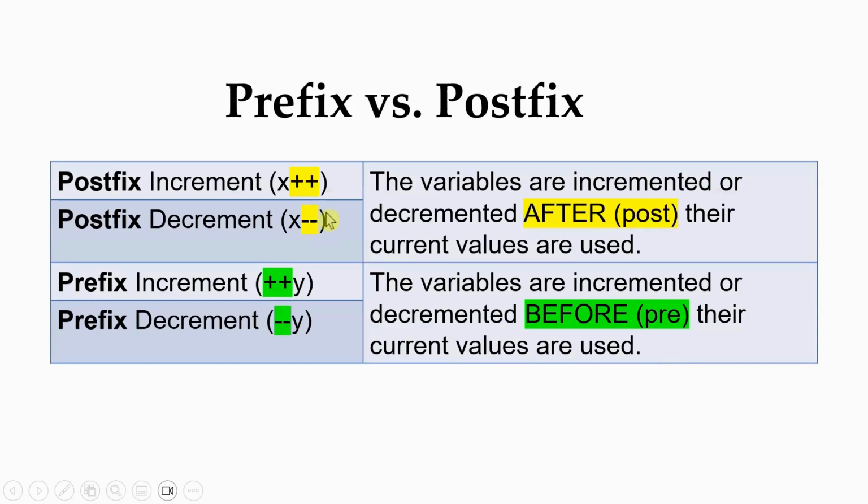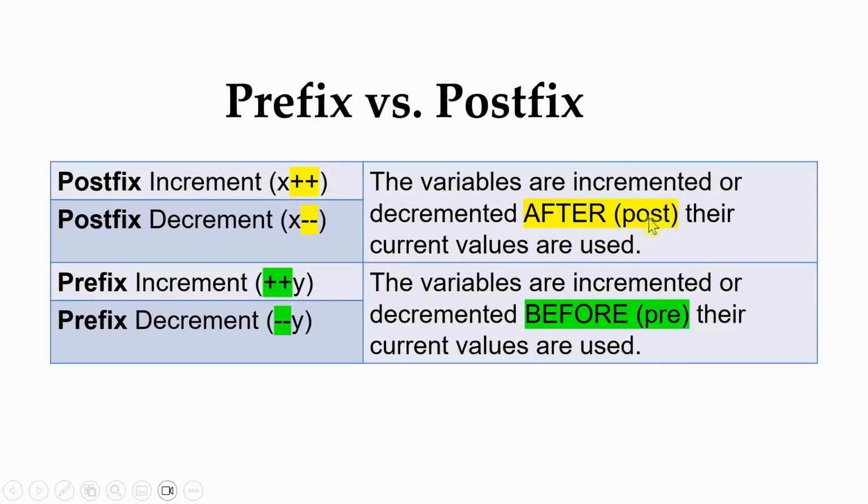What we have seen earlier is actually what we call postfix increment and decrement, where you have the plus plus or the minus minus sign behind the variable. So for postfix increment and decrement, the variables are incremented or decremented after their current values are used.